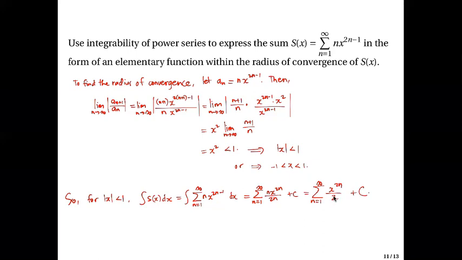Take note that this power series can be written as 1/2 times the sum of x squared quantity to the n, n from 1 to plus infinity, plus c.